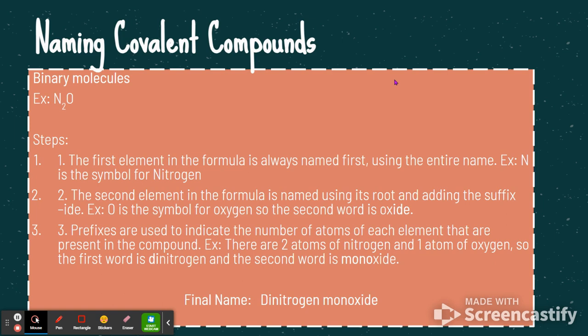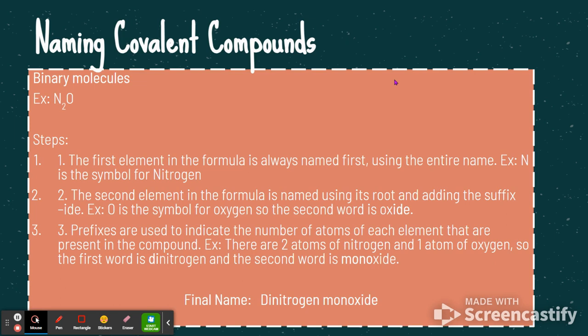Remember, the prefix bi means two, so that's two capital letters or two elements involved. As we learned yesterday, the covalent compounds are all going to be non-metals, both our first one and our second one.